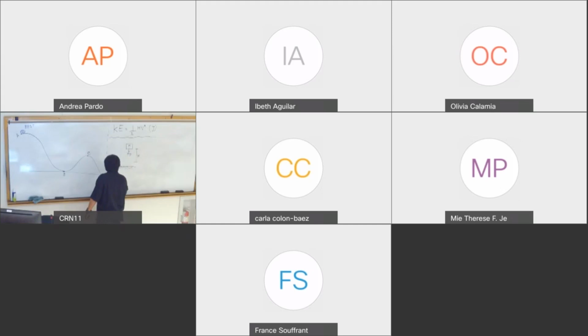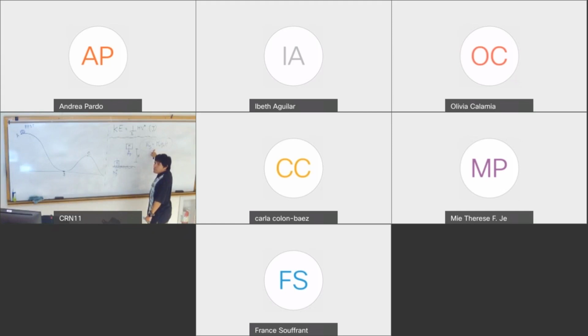So the work done by gravity is equal to the force times distance. Now, technically it should be negative, but we're just going to care about the magnitude.